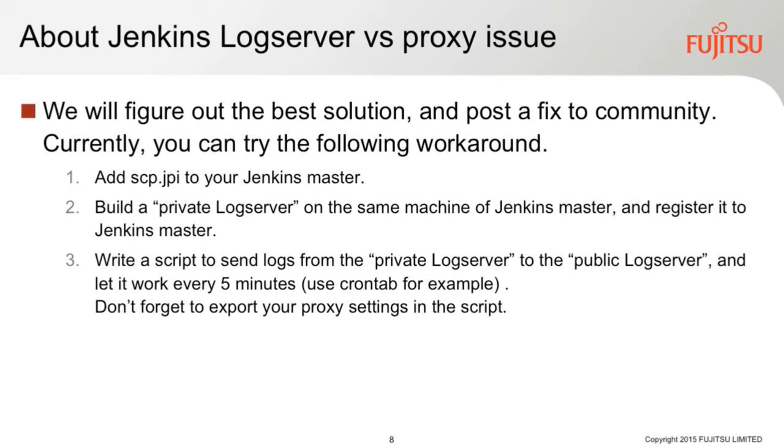Here is a workaround. You can add the plugin to the Jenkins master and build a private log server, and there's a log server in public. Then you can write a script to send your logs from the private log server to the public log server. We are doing it this way and sending the logs every 5 minutes. Till now, it just works fine.